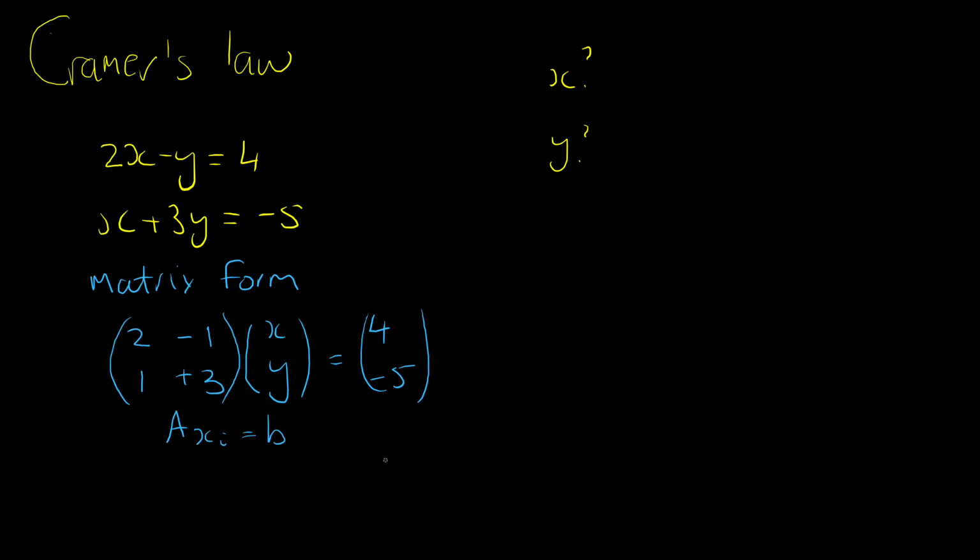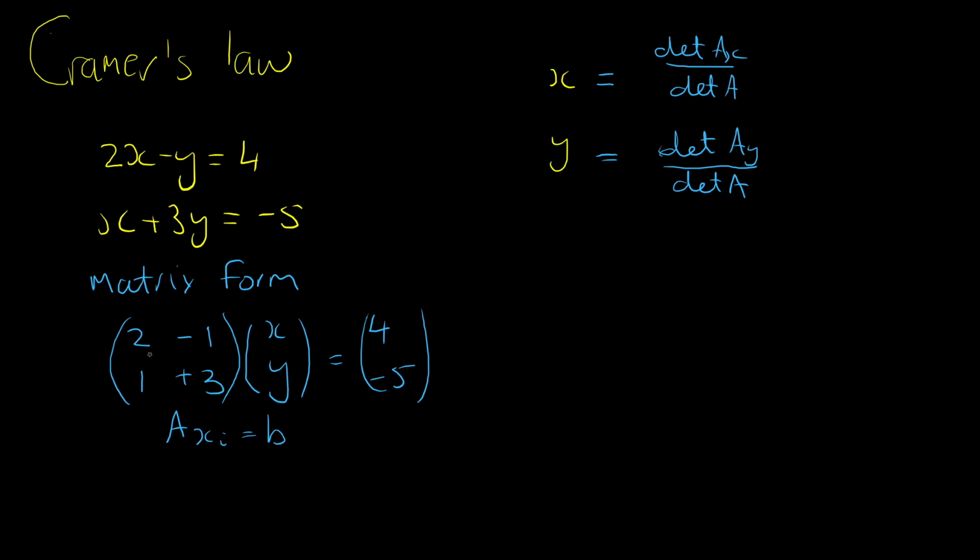The next step is to get the determinant of A. Cramer's law says that x is the determinant of Ax divided by the determinant of A, and y is the determinant of Ay divided by the determinant of A.